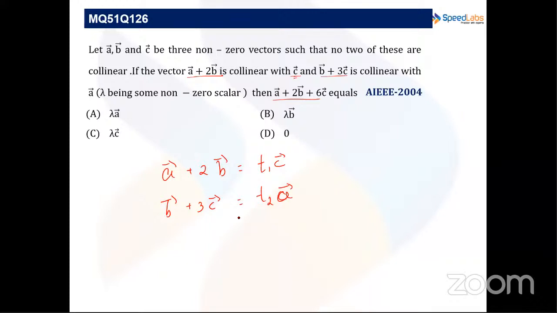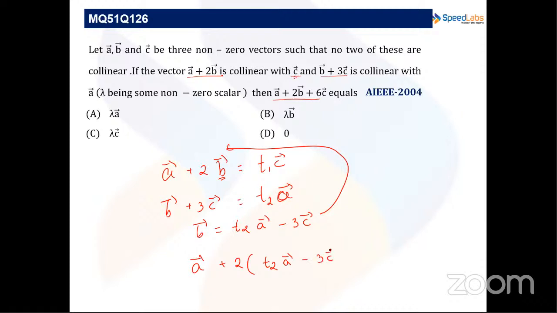Now we can eliminate b from here. So the value of b will be T2a minus 3c, and putting this value, a plus 2 times (T2a minus 3c) is T1c. So we will be getting 1 plus 2T2 times a is equal to 6 plus T1 times c.